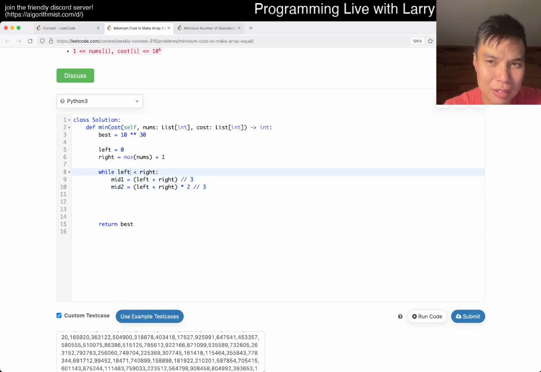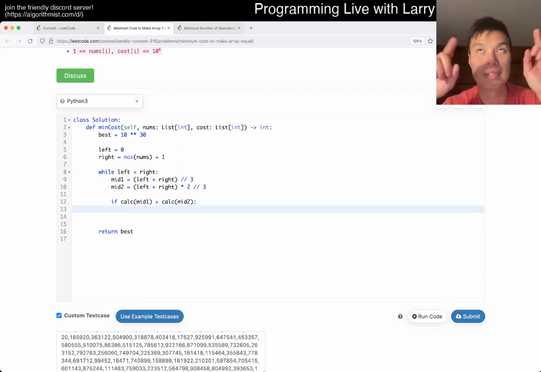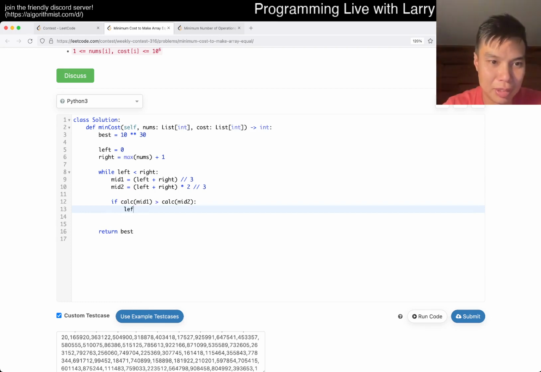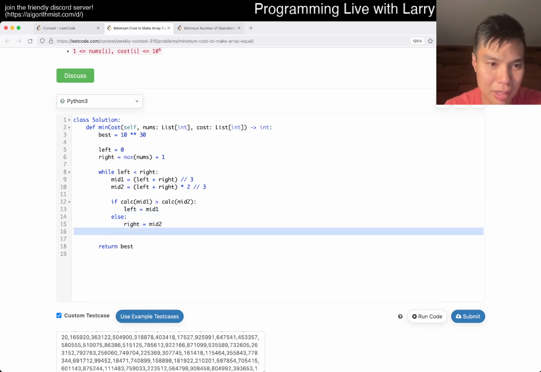I don't know if this is okay. If bit 1 is higher than bit 2, then we want to move left is equal to bit 1, else right is equal to bit 2. Okay, fine. I don't know, we might have some issues here, but that's fine.